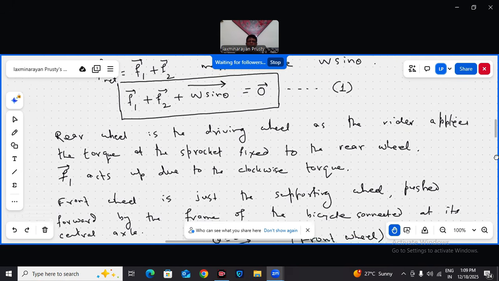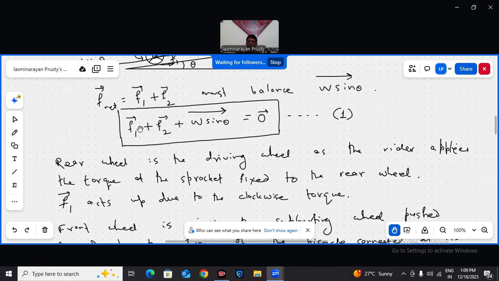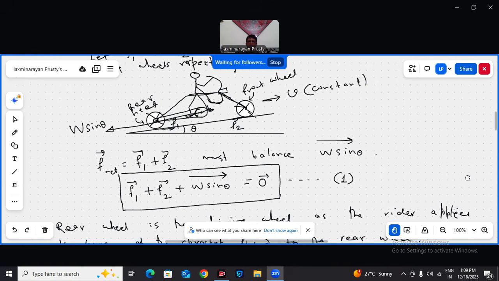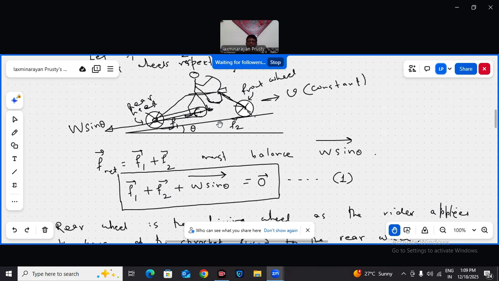Okay. So obviously then F1 vector plus F2 vector. These are the two friction force vectors acting on the rear wheel and the front wheel. I've shown the F1 on the rear wheel to be backward. If you want to take forward, you can take clearly. Plus W sine theta. W sine theta is the sine theta component which acts down the incline.